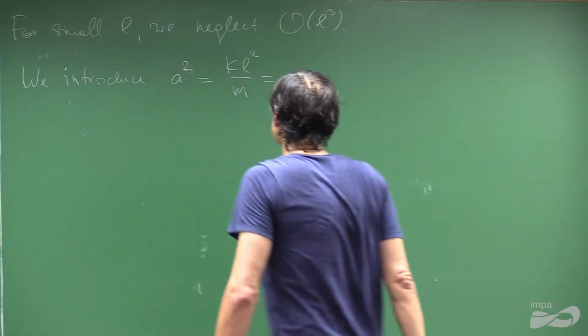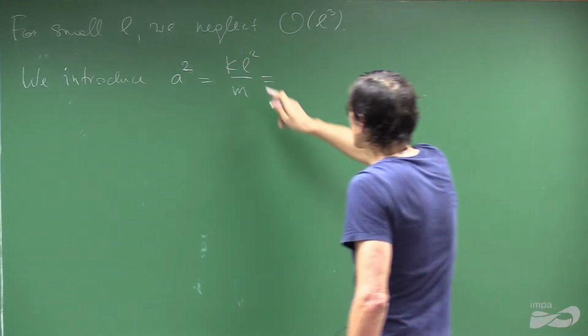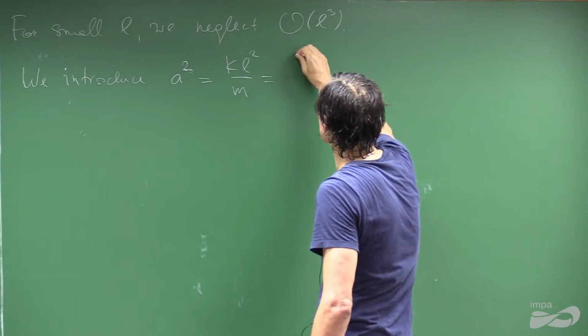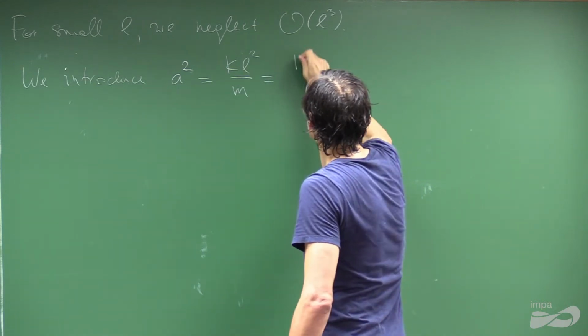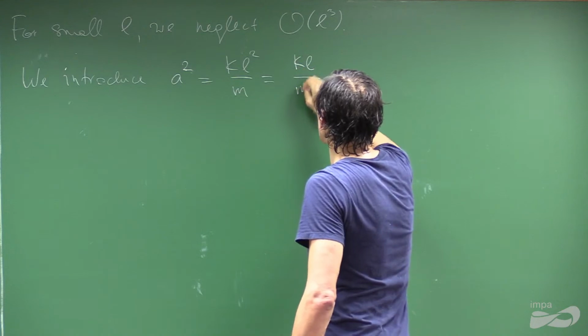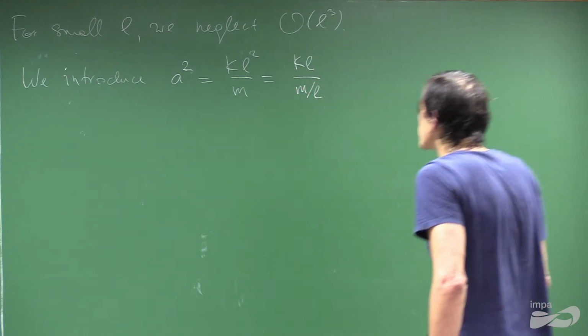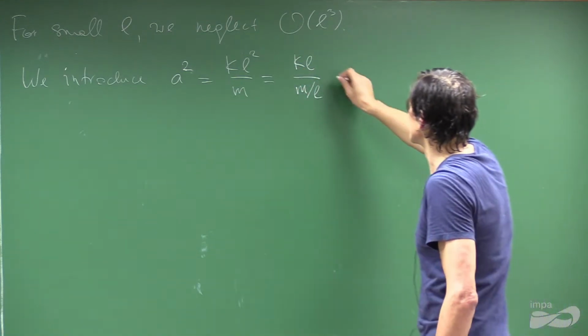And this value, you can actually see what it is. Let's put one L below. So it will be kL divided by m over L. And you can see what this means.